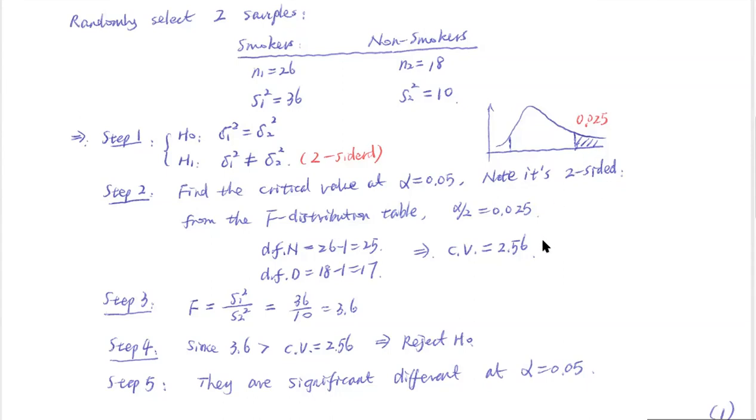If I have to draw it here, it's not a symmetric curve, as you can only have positive values here. So what is our critical value? 2.56. It's like here, 2.56.